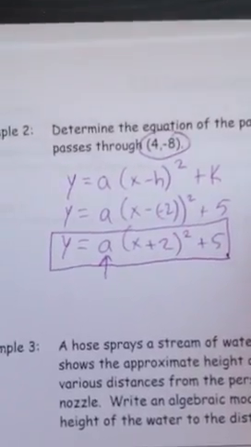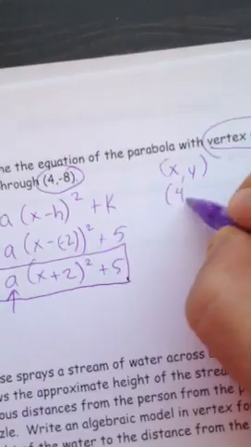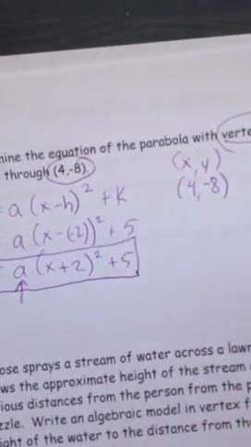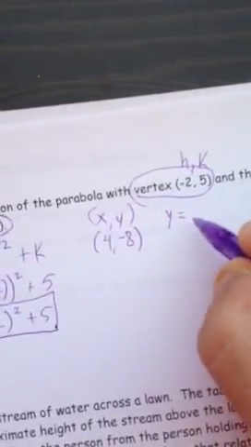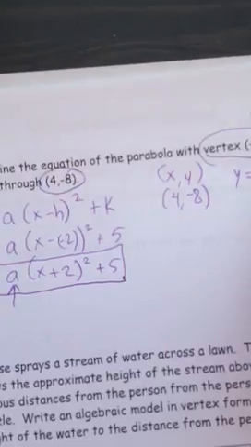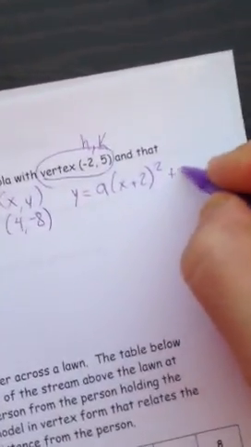A point that they give you on the graph, (x, y), is (4, negative 8). So when x is 4, y is negative 8. So I'm going to use that formula, y equals a(x plus 2) all squared, and then plus 5.